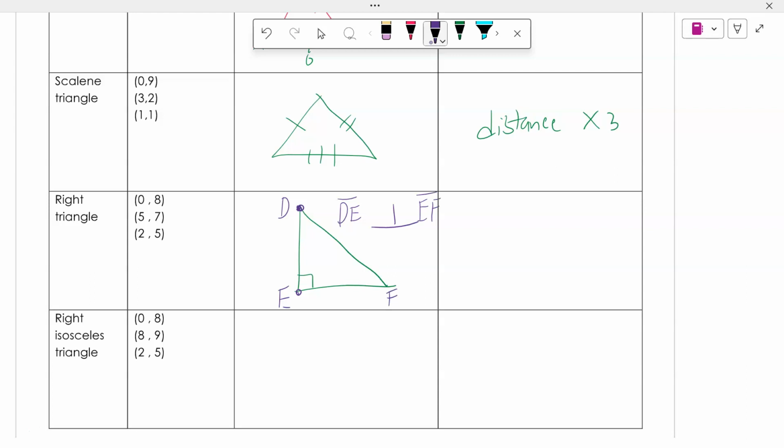If you can confirm that by comparing the slopes of DE and EF, if they happen to be opposite reciprocals of each other, then we're in business. We know for sure it is a right triangle.